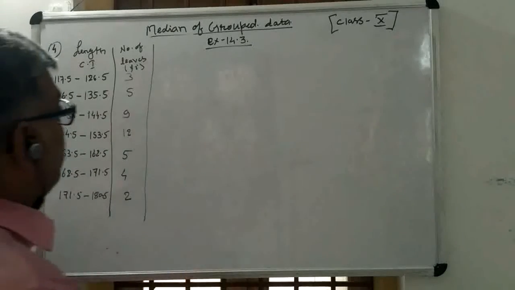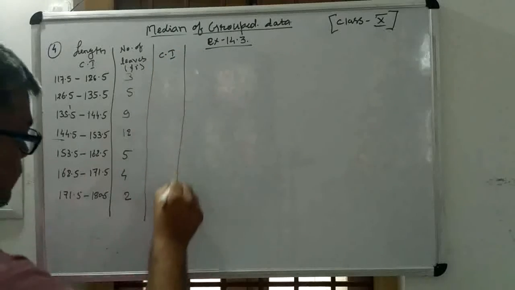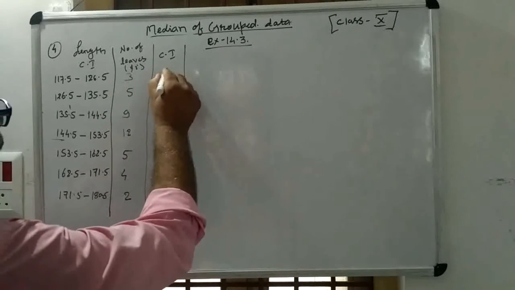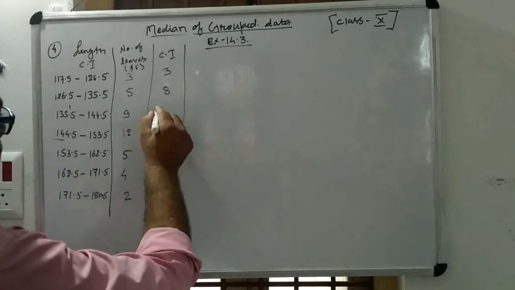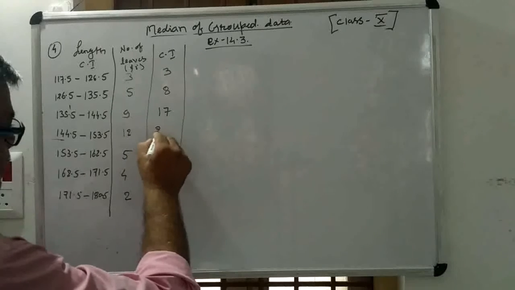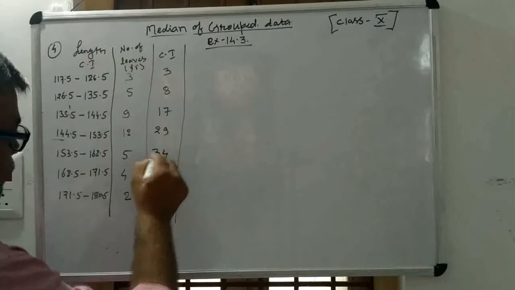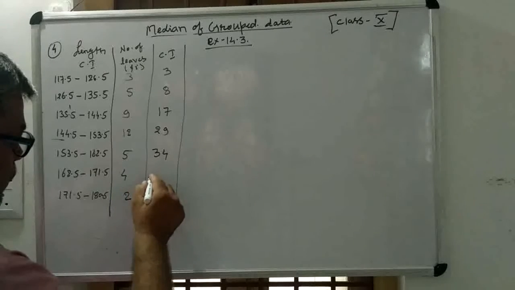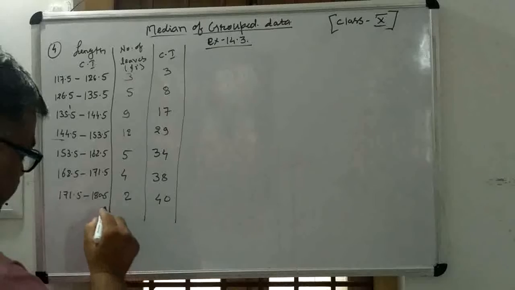First you calculate the cumulative frequency. Your cumulative frequency will be 3, 3 plus 5 is 8, 8 plus 9 is 17, 17 plus 12 is 29, 29 plus 5 is 34, 34 plus 4 is 38, and 38 plus 2 is 40.